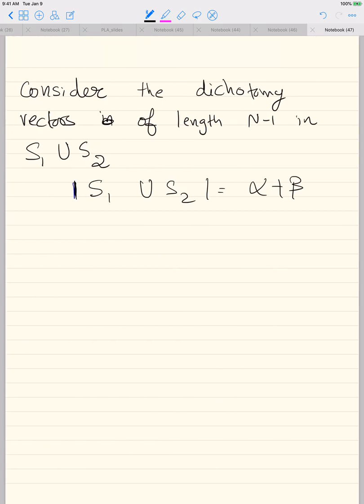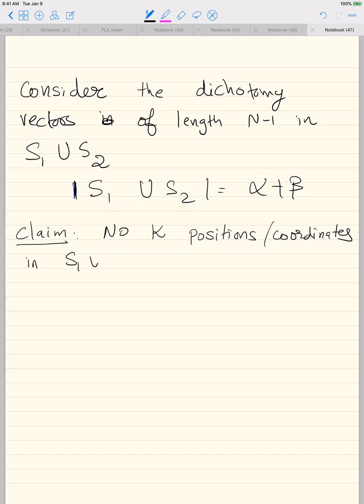Let me write it down. Claim that no k positions or coordinates in S1 union S2 can be shattered.